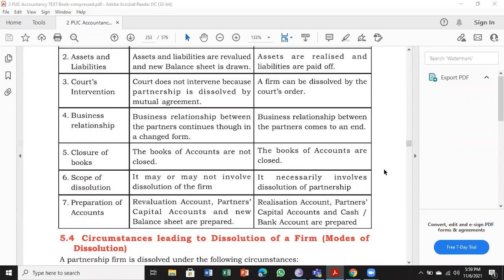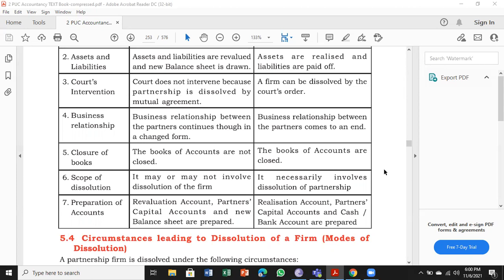Possibly A and B's executors may not be interested to be the partners of the business. Then if C wants to continue the business, it becomes a sole trading concern. Then business has to be closed. So death of A and B may lead to dissolution of firm, but you don't have that in your syllabus.